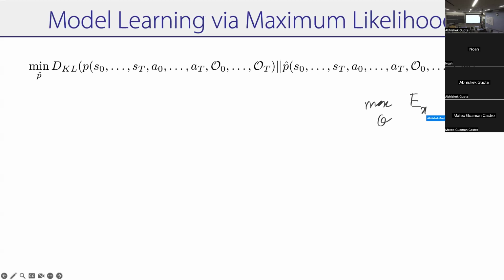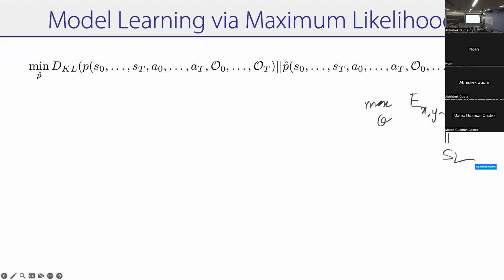You sample x and y from your data, and then maximize the log likelihood of y given x under some model p theta that you learn, let's call it p hat theta. You're maximizing the likelihood that the data x comma y was produced under your model p theta. That is the same as supervised learning. Maximum likelihood is equal to supervised learning.